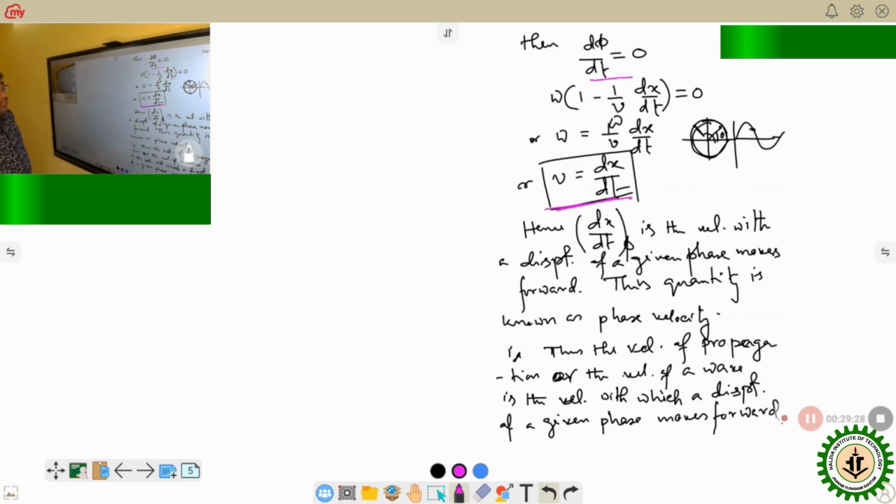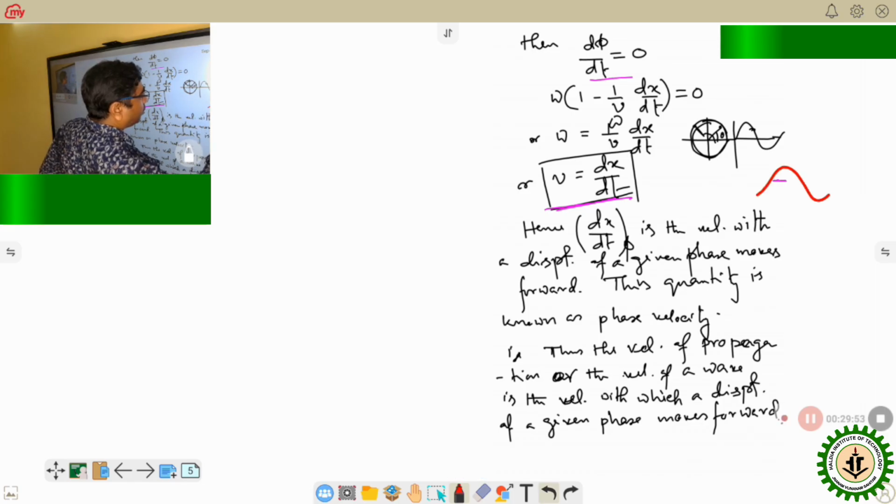We have obtained the velocity of a particular phase, that is dx by dt, and from the above expression it is also observed that a particular phase's position is spread over a region. I'm talking about a particular phase.